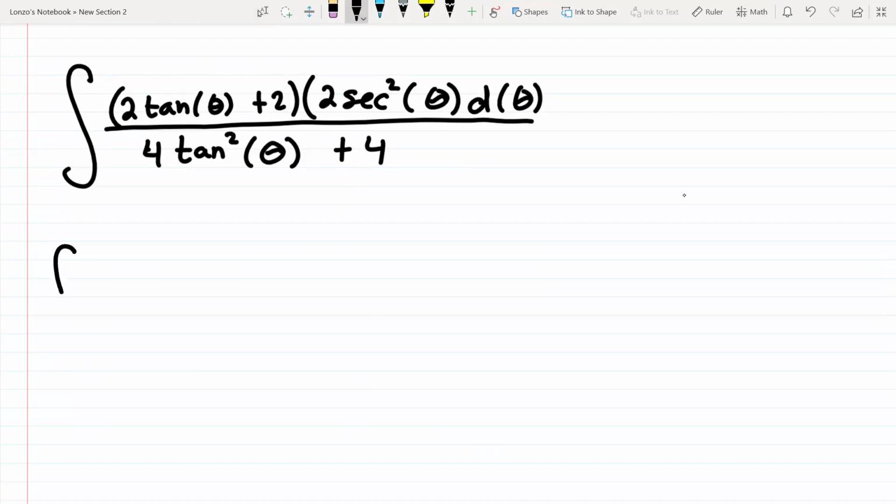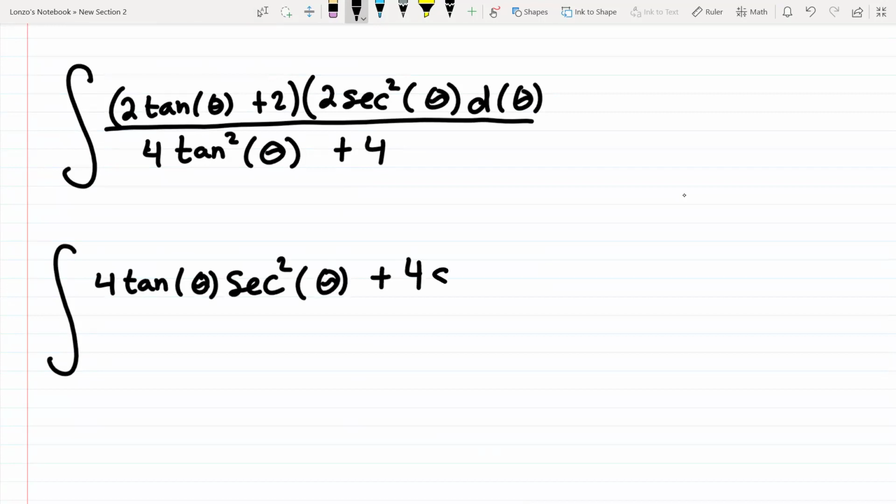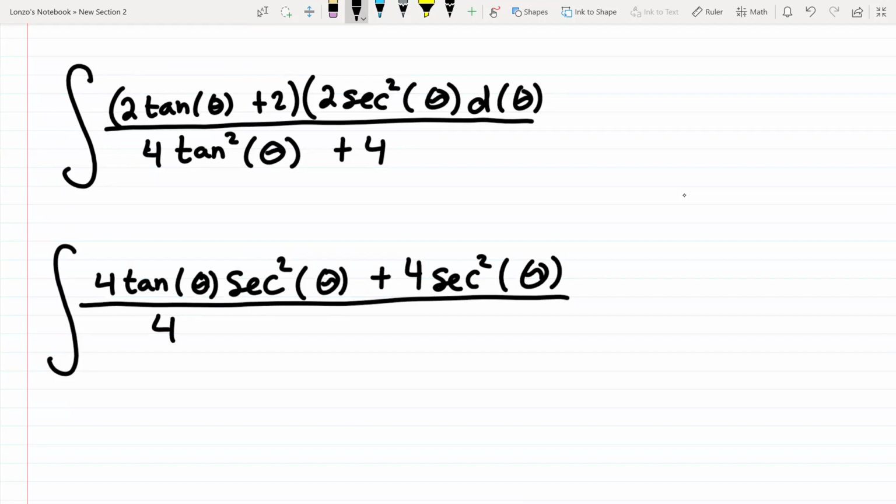That would be 4 tan theta times secant squared theta plus 4 secant squared theta, all over 4 tan squared theta plus 4.